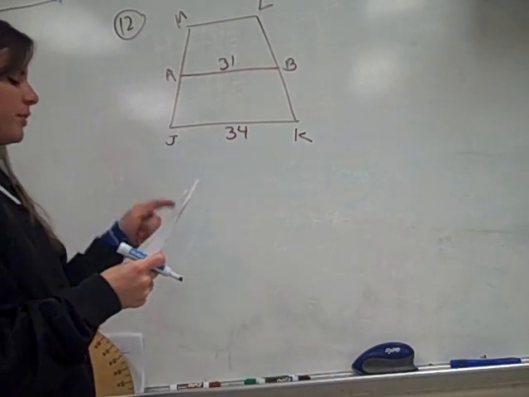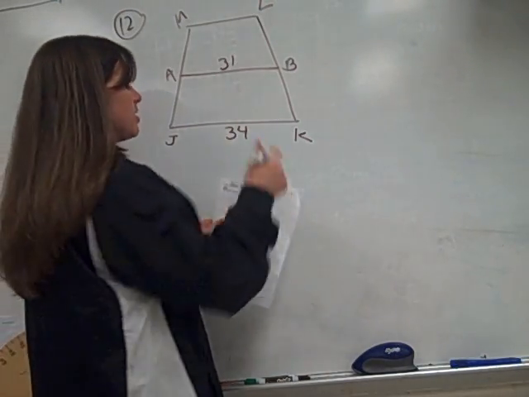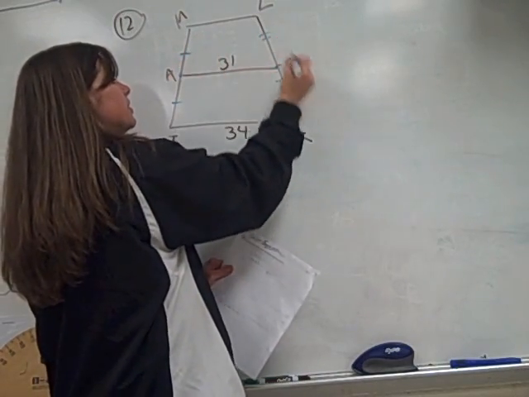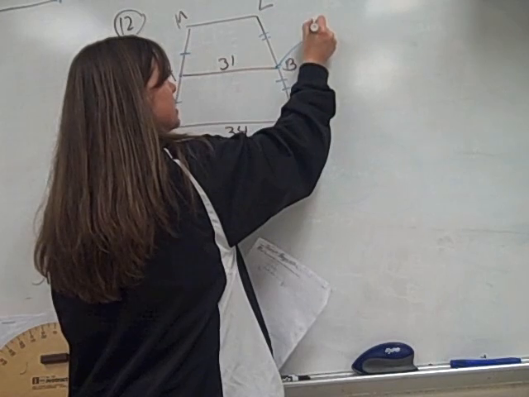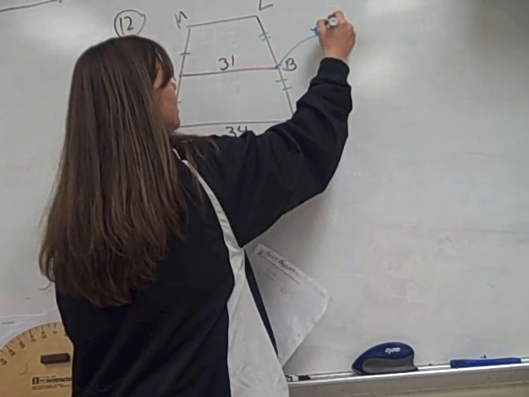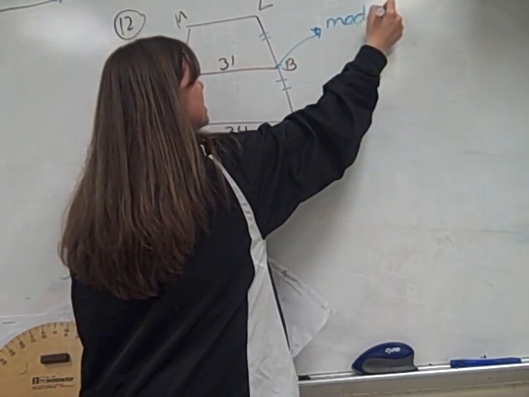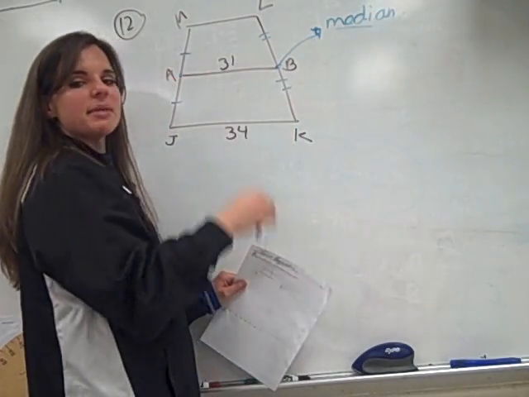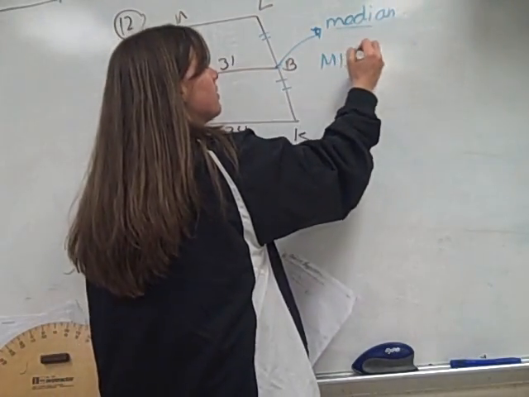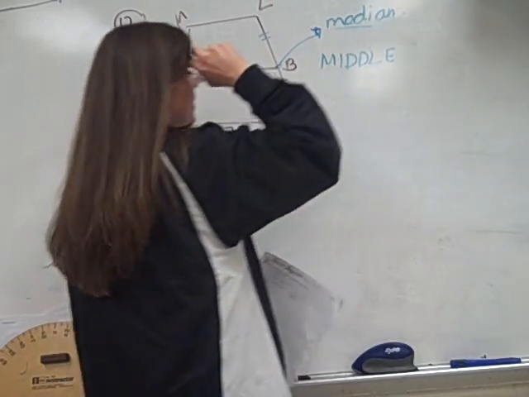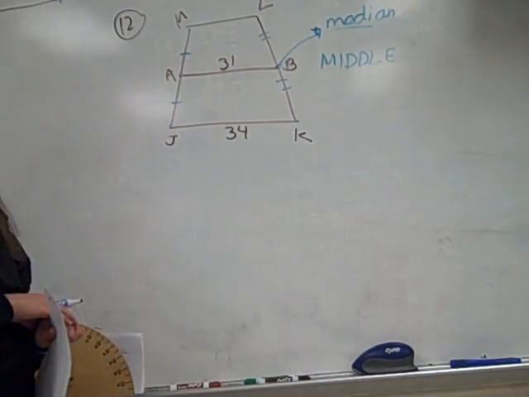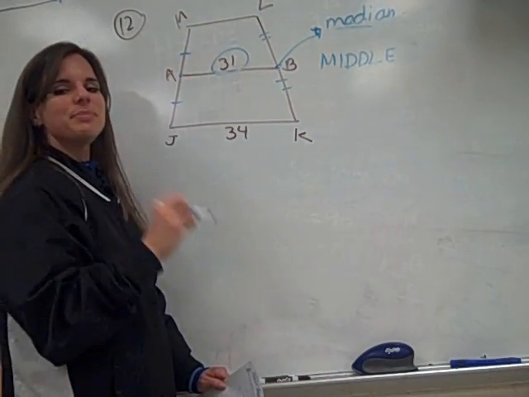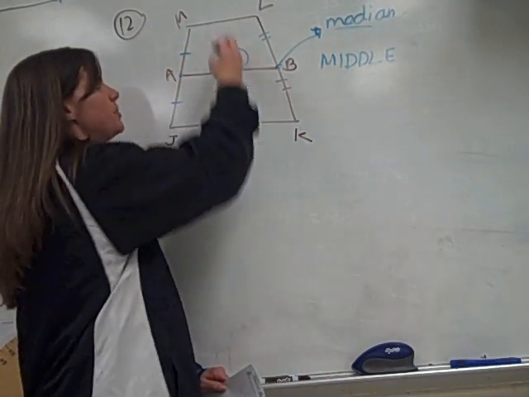Number 12, for this trapezoid, A and B are the midpoints of the legs. Why is that important to you? Because if you guys will remember from that video that you watched of me the other day, this thing is called a median. And the median is literally the segment that's in the middle of your trapezoid. Okay, that word middle is going to help you. The measure, 31, has to be in the middle of your two bases.